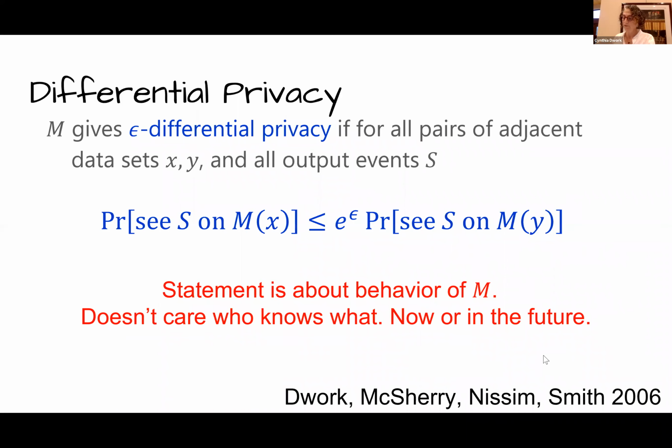So notice that this is a statement about the behavior of the mechanism. And this statement doesn't sort of care about who knows what. And this actually holds now and in the future. So differential privacy is sort of future-proof, that even if you knew that an algorithm was operating on either X or Y, and you knew all about X and Y, nothing you can learn in the future will tell you retrospectively which of the two databases was actually in use.